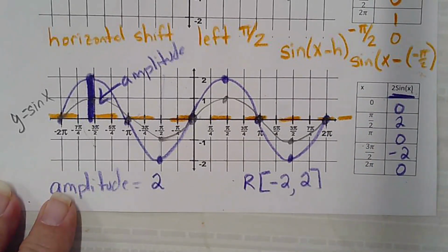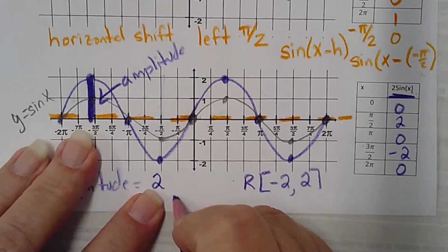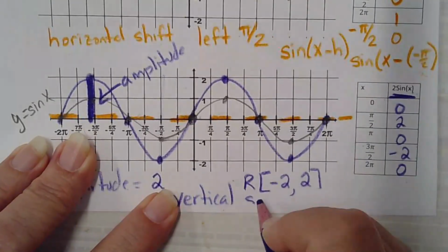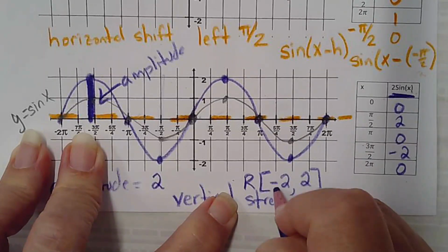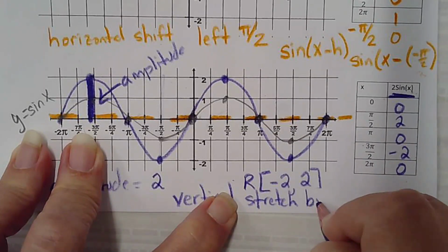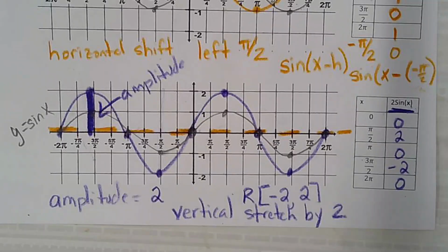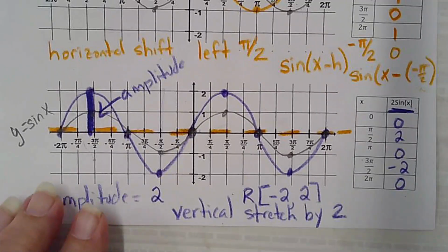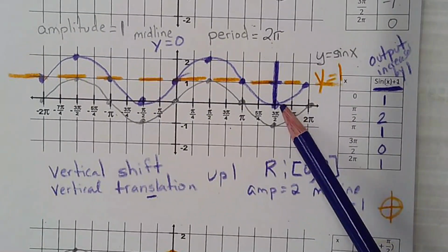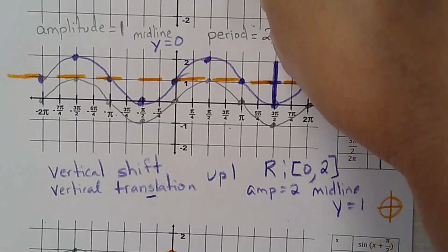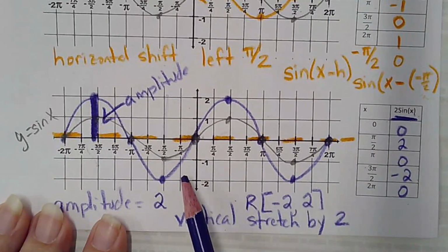What kind of a transformation do we call this? This is a vertical stretch. Vertical stretch by a factor of 2. I'm just going to say by 2, but it's by a factor of 2. Look at the difference between the vertical shift up here and the vertical stretch.